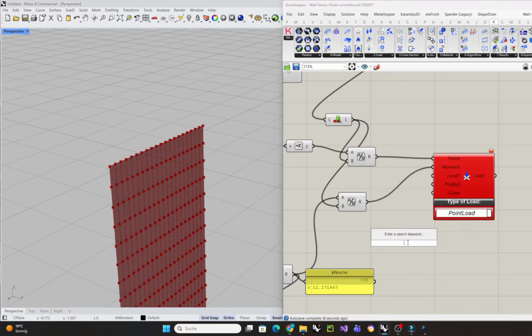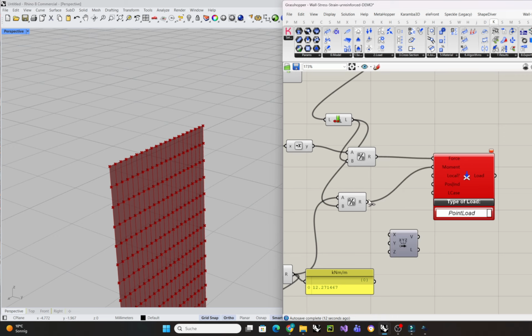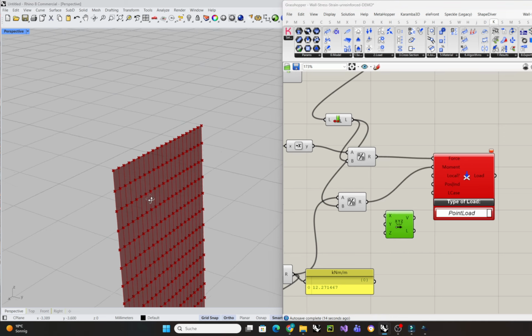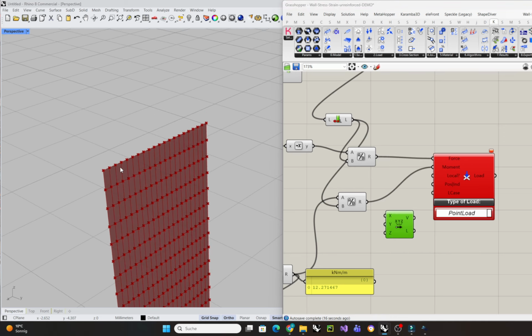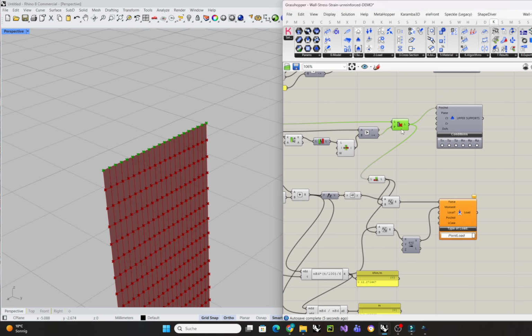Okay, it wants a vector, so what is the direction? Along the wall I have the x axis, so I have to put this here, and the other ones are zeros. Okay, now I need the position IDs for this wall.